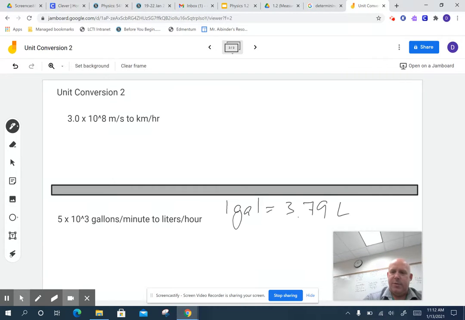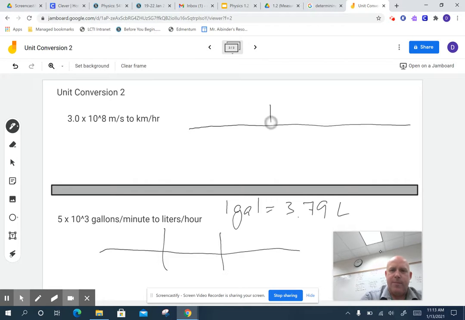Now, what I want you to do is to actually do the work here. So you're going to draw your unit conversion thing here and here, and you're going to do the work, okay?